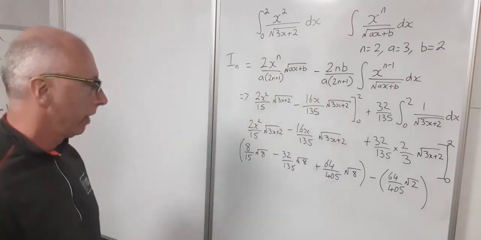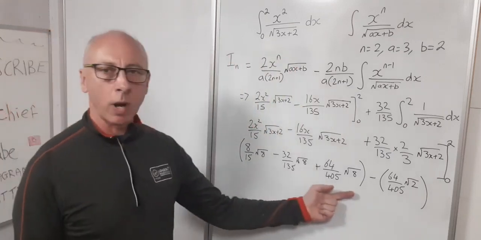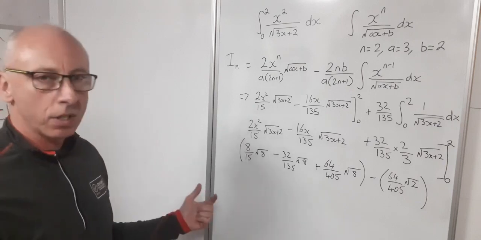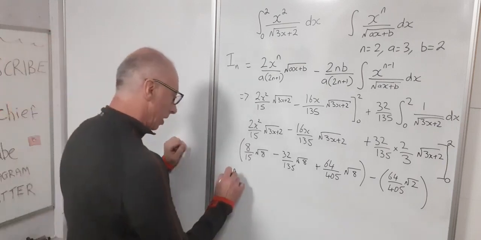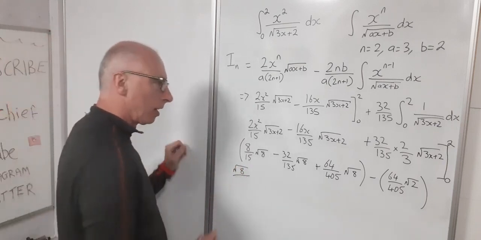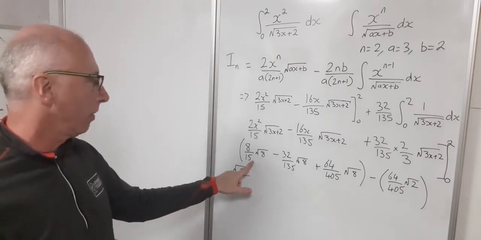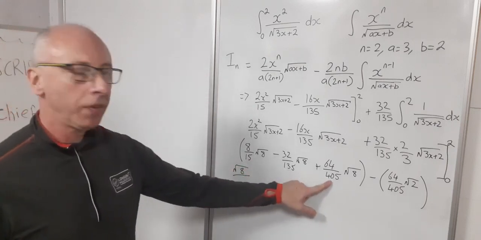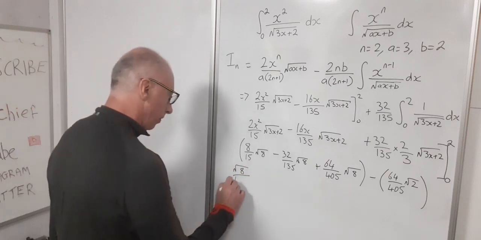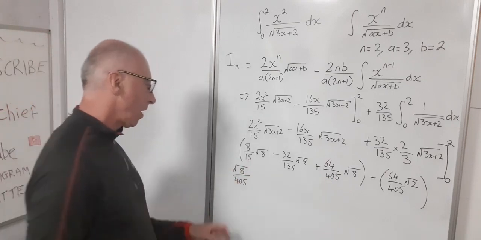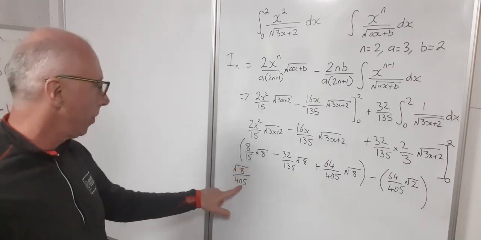Okay, right. Now, I can factor out a square root of 8 if I like. Let's do that. So square root of 8. And common denominator here, I've got 15, 135 and 405. So let's call that 405. So how many 15s in 405?